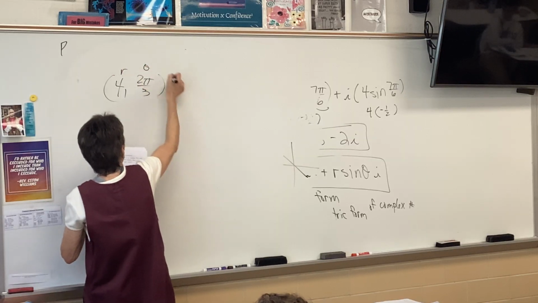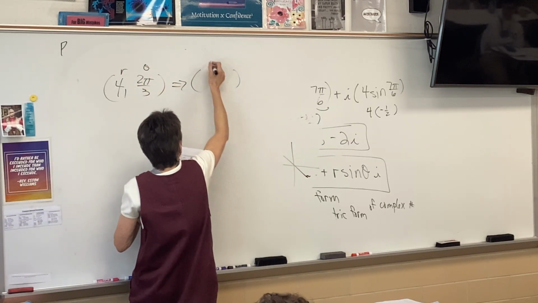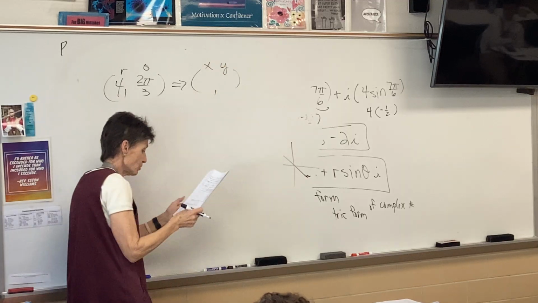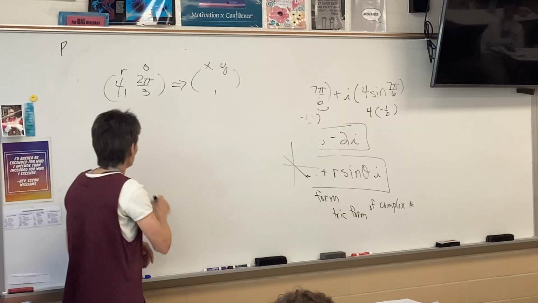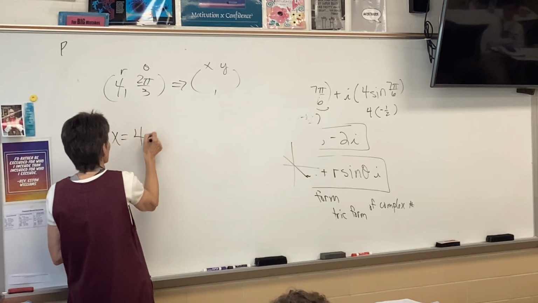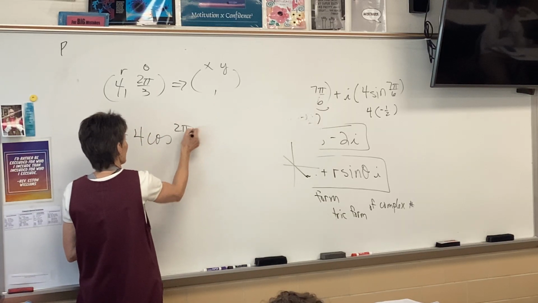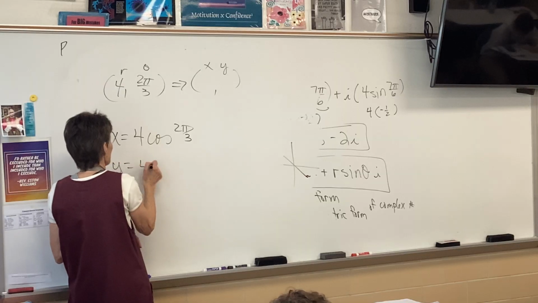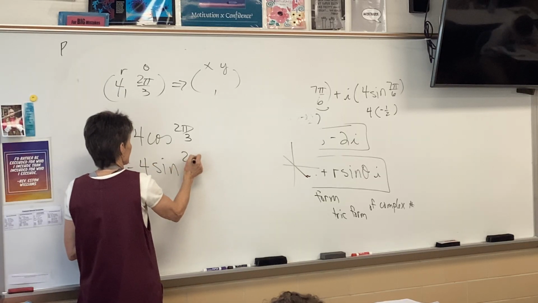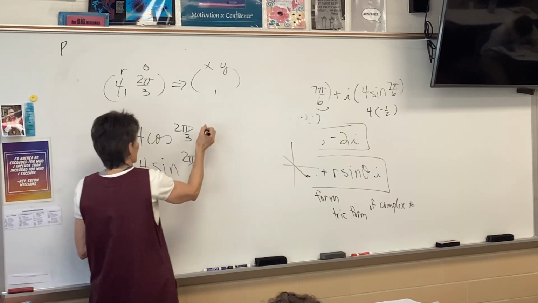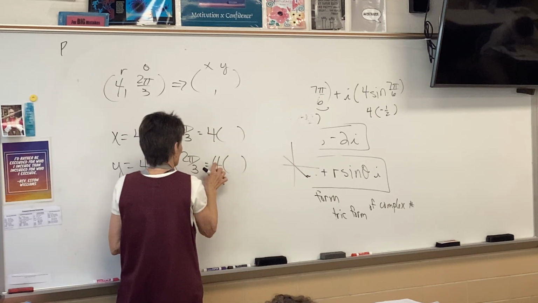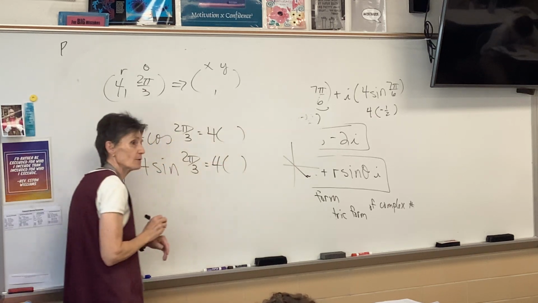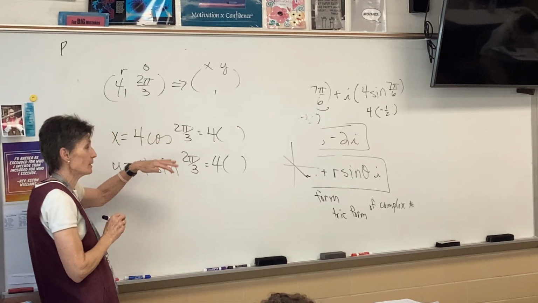All right, so this is polar, I want rectangular. Who remembers, we did this a little bit ago. X equals 4 cosine 2 pi over 3. Y equals 4 sine 2 pi over 3. Gotta know that unit circle, huh? Absolutely.